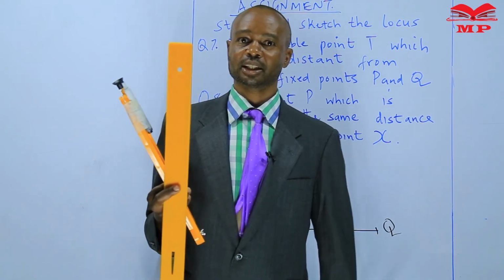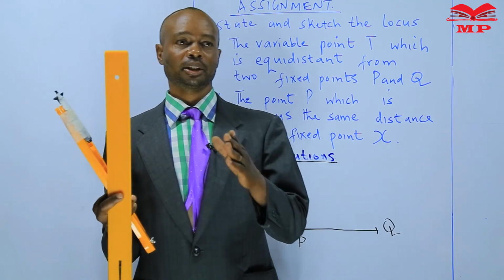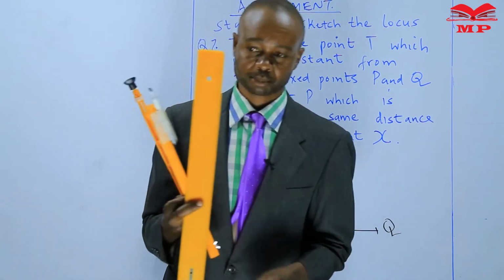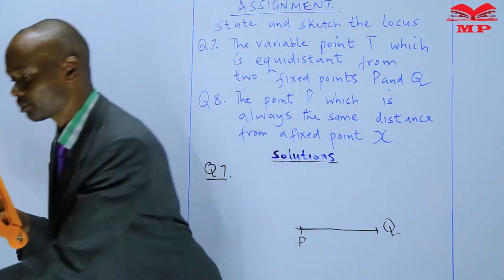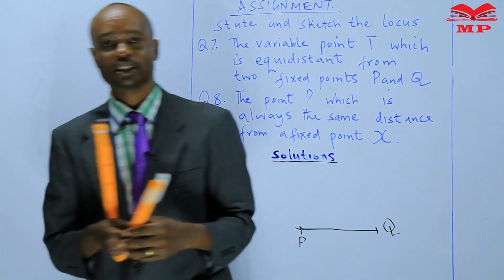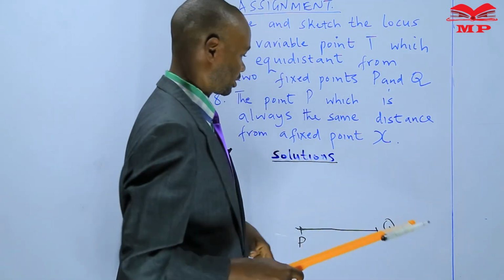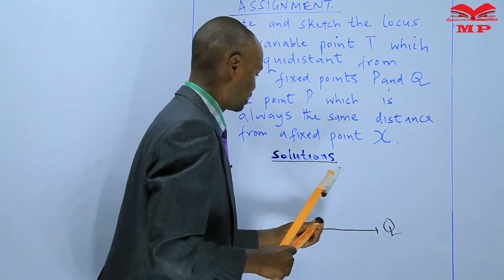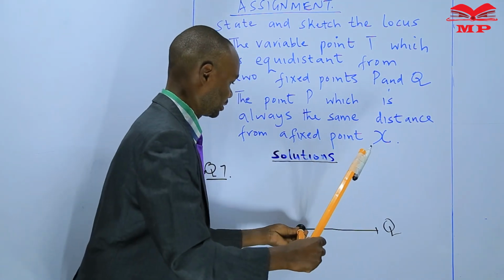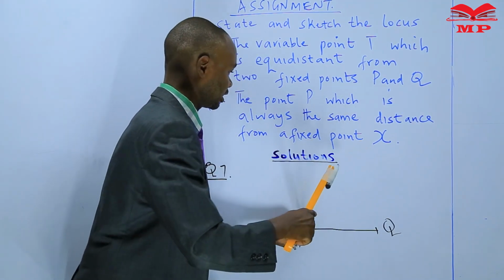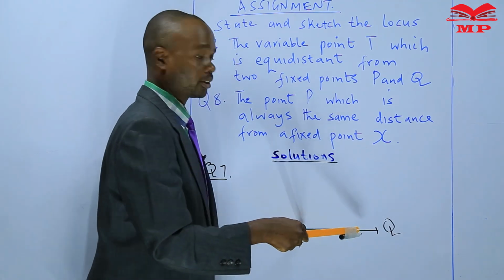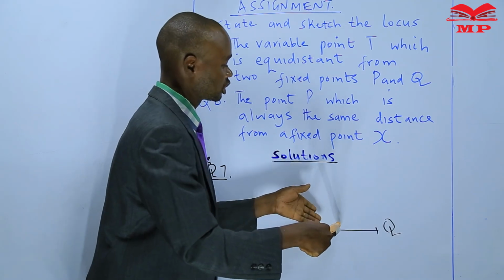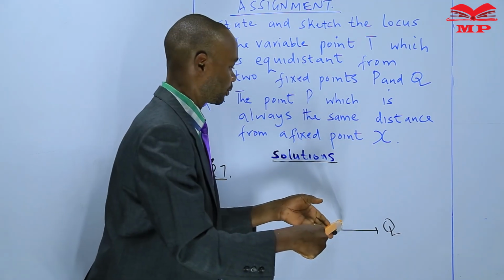If you get the perpendicular bisector, any point on that line will be at equal distances from point P and Q. So I'll put my ruler down and use my compasses. To bisect that, I'll go at P. With that compass, ensure that the first arc is at least more than half the line PQ.